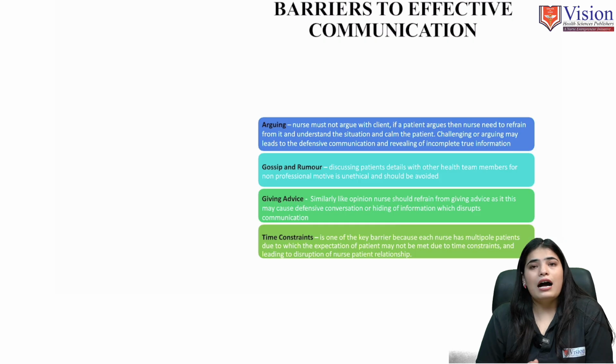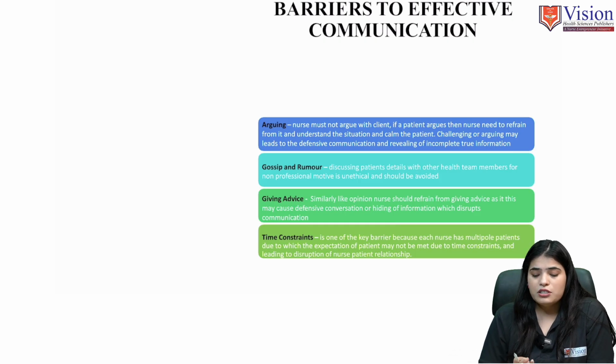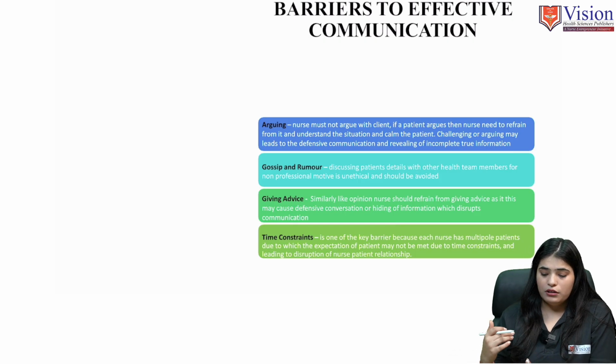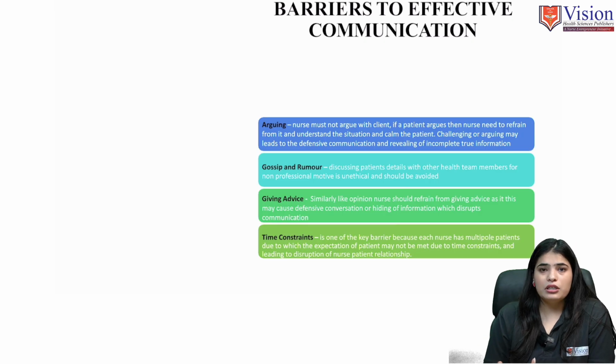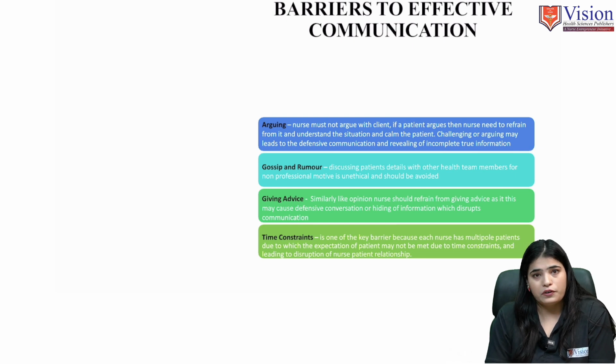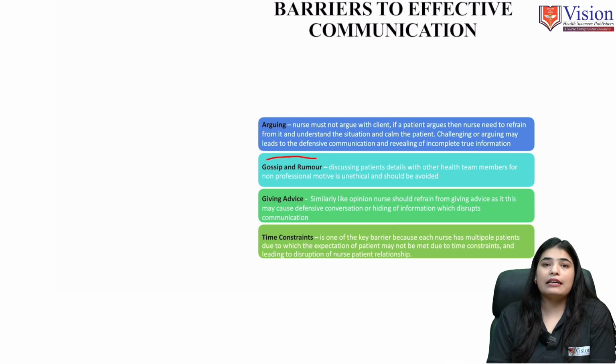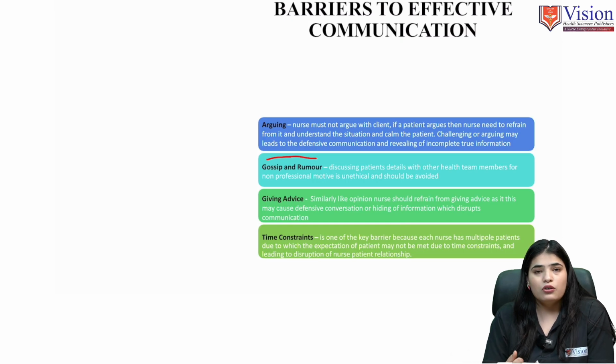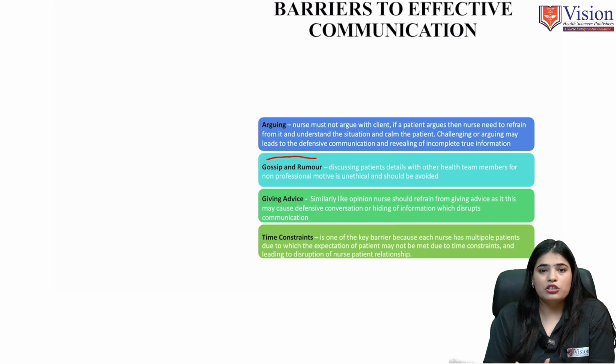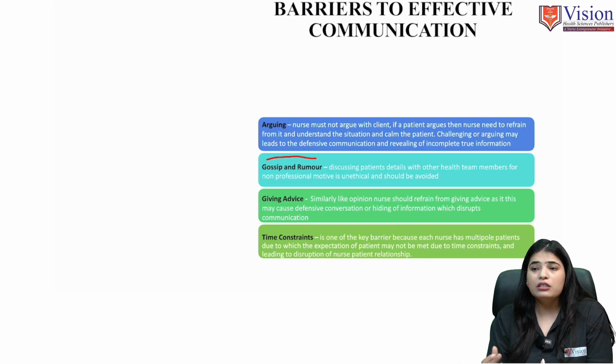Next is arguing. The nurse must not argue with the client. If you do not agree with something, you just have to tell them, but you don't have to argue with them. We don't have to challenge the patient's beliefs. Gossips and rumors, this is the defamation we have discussed. We do not follow any gossip. We do not discuss the patient, his problem, or his personal life with others unless something needs to be told therapeutically.